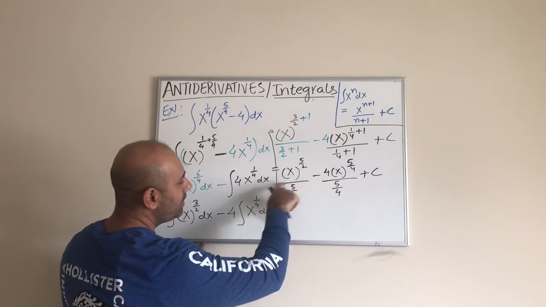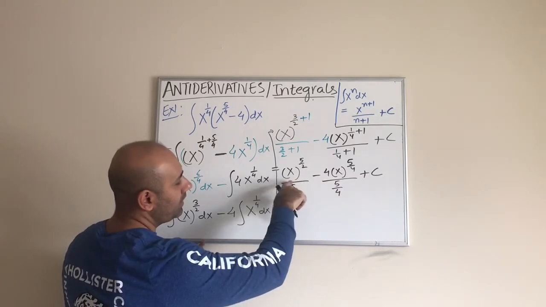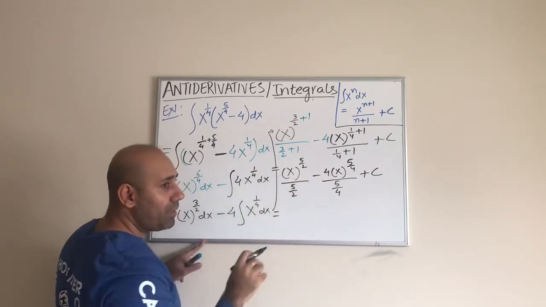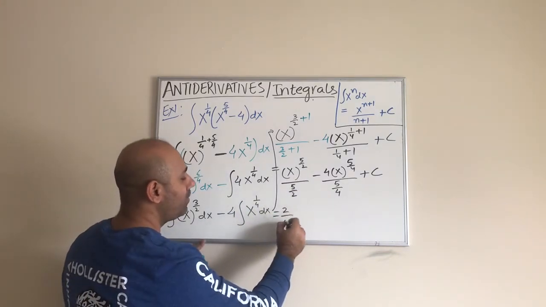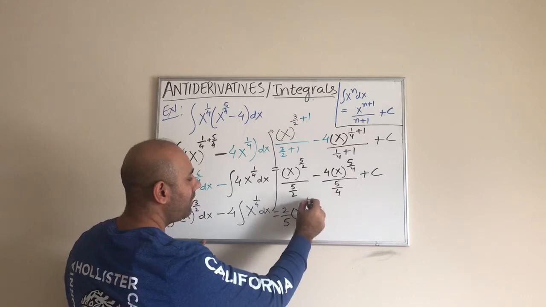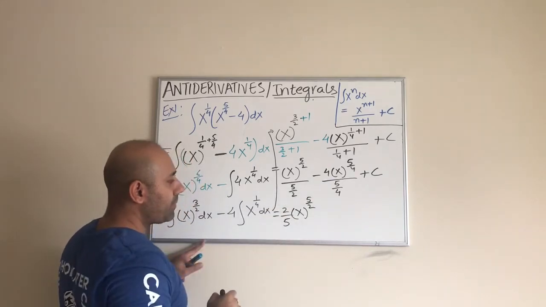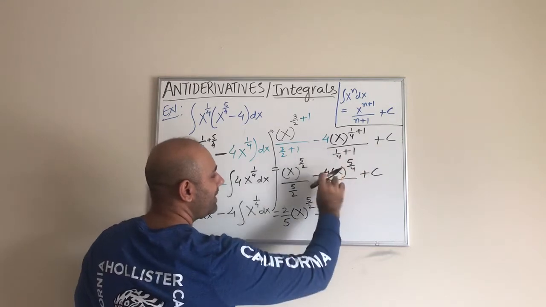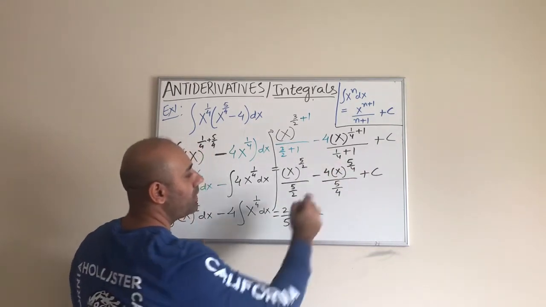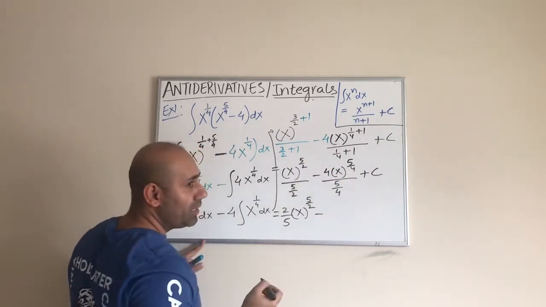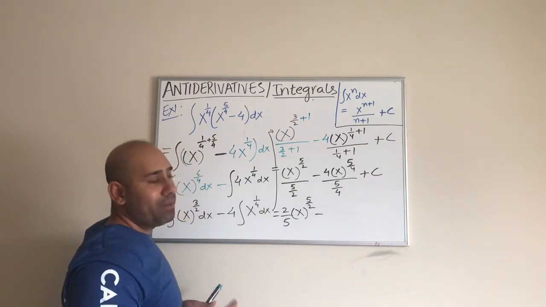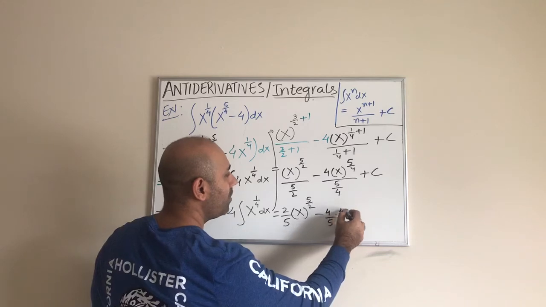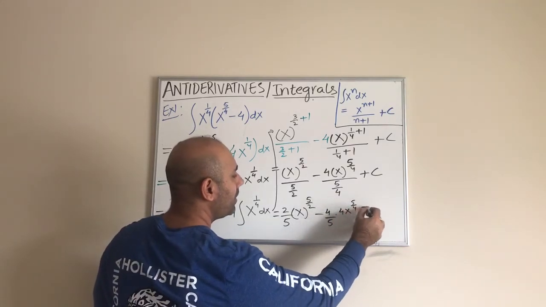Okay. From here, again, there's probably one more step. Guys, this whole division can be converted to multiplication. So if I convert it into multiplication, then this thing flips. So instead of dividing by 5/2, it will be multiplied by 2/5, x to the power 5/2. Okay. And then the same thing happens here. This quantity is divided by a ratio 5/4, but if I change this division into a multiplication, it would be multiplied by 4/5. So it will be 4/5 times 4 x to the 5/4 plus c.